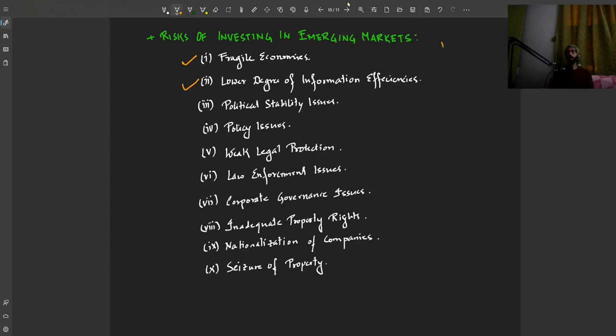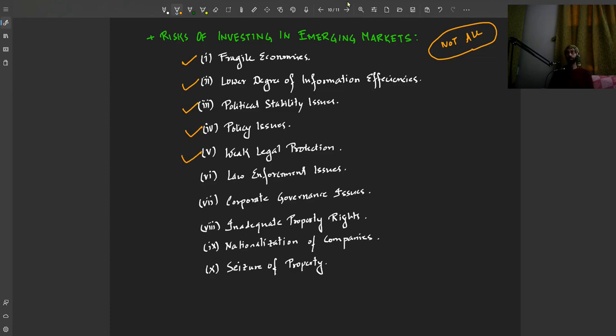Obviously not all emerging markets will be like this, but these are the points that one has to check while making investments in emerging markets. The third point, political stability issues. Coalition governments, political instabilities can persist, so one has to check that. Policy issues. There can be policy fragility, policy weaknesses, bottlenecks, policy instability also, right? That has to be checked also.